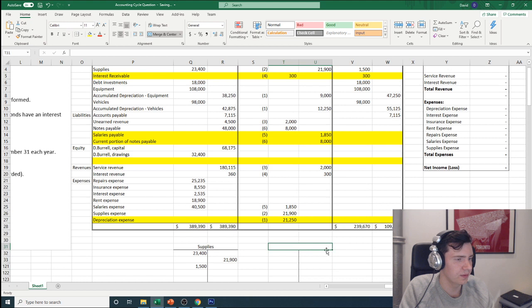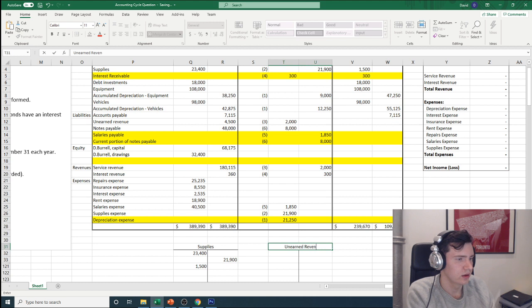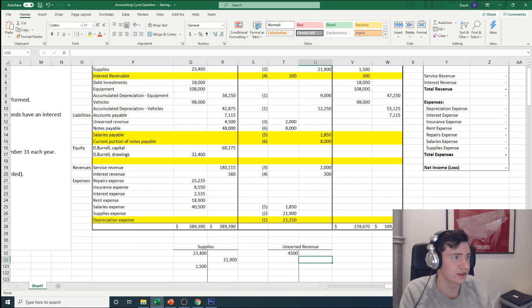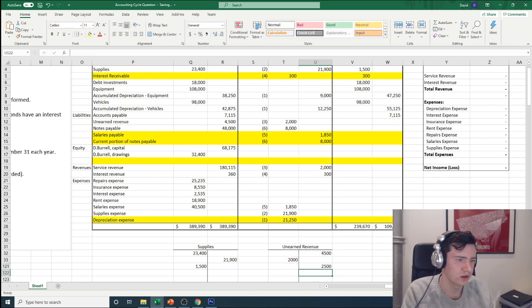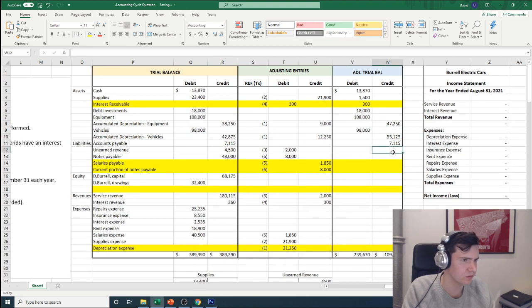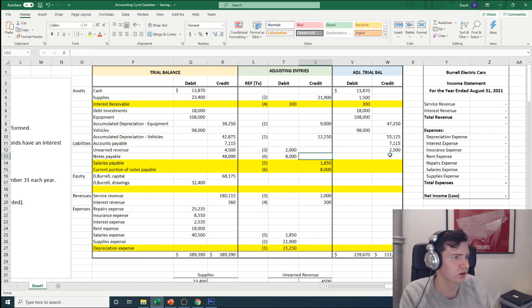So we're having the unearned revenue, and that's going to be an amount of 4,500 as a credit, and the debit is 2,000, which means that our ending balance is going to be 2,500. So an ending balance of 2,500. So just make sure that we're doing this all right. 2,500. Perfect.